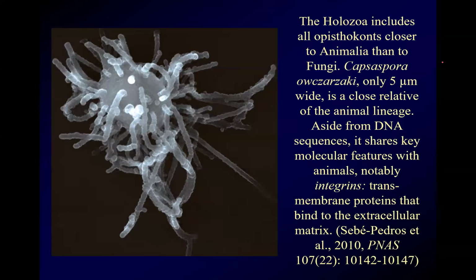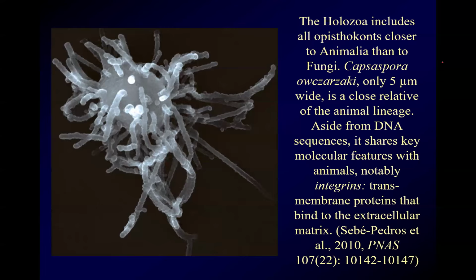Integrins cross the plasma membrane. There's a part sticking out and a part hanging in to the cell. In animals, integrins bind to the extracellular matrix. One of the distinguishing features of true animals is that their cells secrete fibers outside of the cell itself, fibers of collagen and a bunch of other things, proteins and glycoproteins and such.